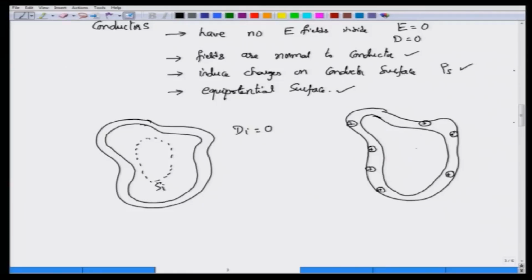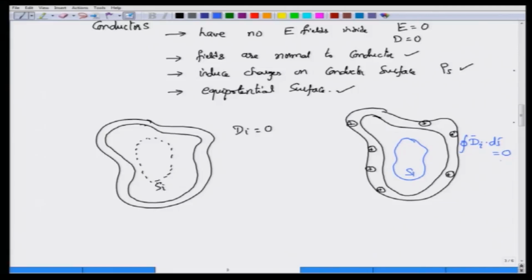It is interesting why that is so, and we will discuss that in a moment. But going by Gauss's law, there will not be any charges enclosed, right. So, Gauss's law would still tell you that if DI stands for the internal D field, then the integral of DI dot dS will be equal to 0 on the internal surface Si.